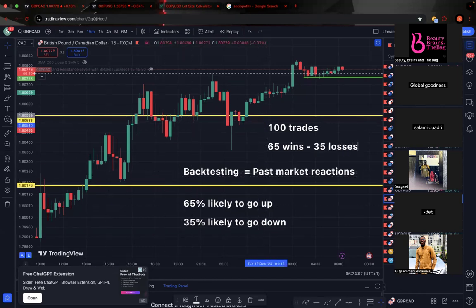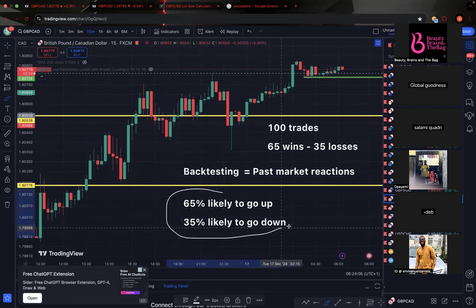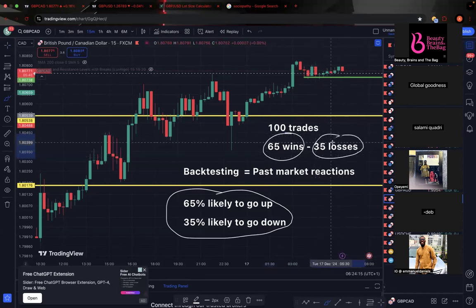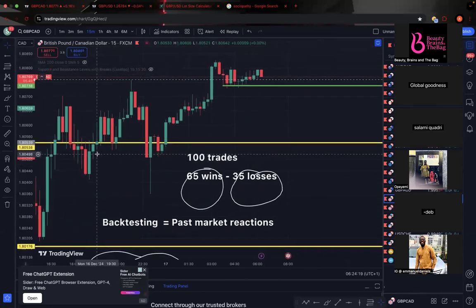That's what this basically means. If I take 100 trades, I win 65 and lose 35. On MT4, am I still going to be profitable?